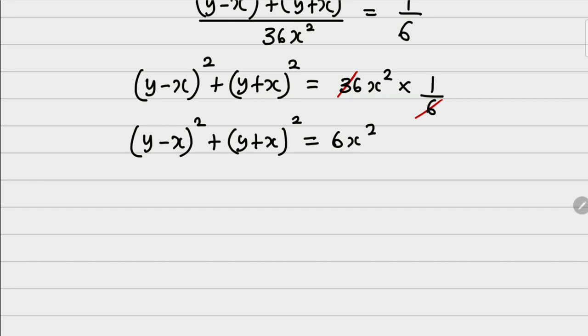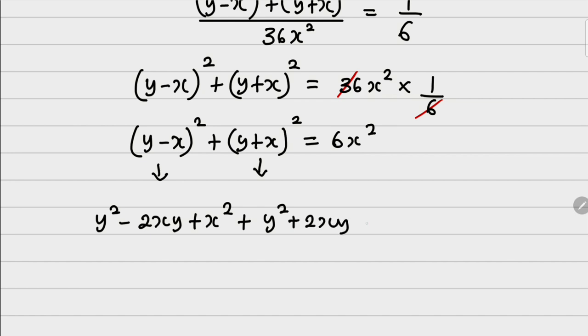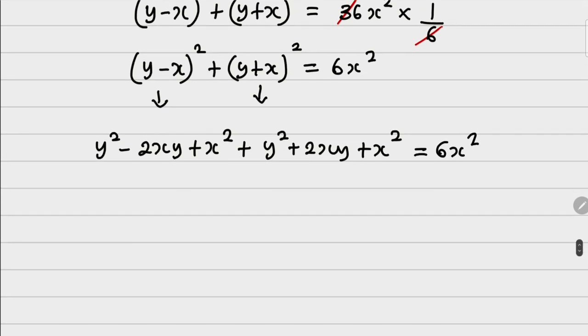Expanding these, I'm going to have y squared minus 2xy then plus x squared. Then expanding these, I'm going to have plus y squared, then plus 2xy then plus x squared. Now everything is equal to 6x squared.